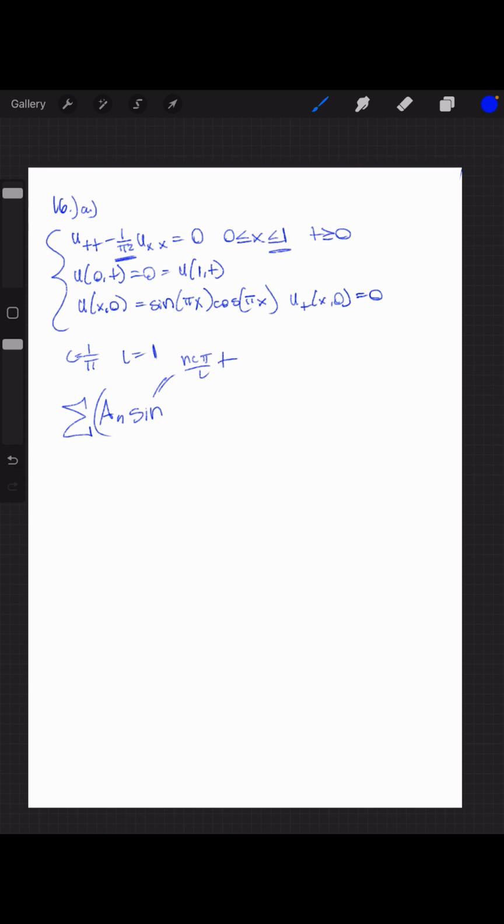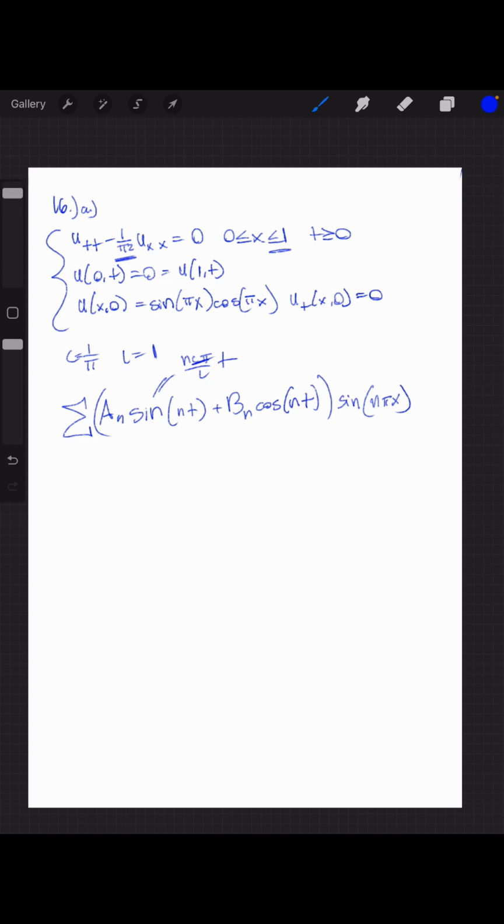Since L is 1, then it's just n c pi. But because c is 1 over pi, this is canceled. So all we're left with is nt. Same goes for b_n: cosine of nt multiplied by sine n pi x.